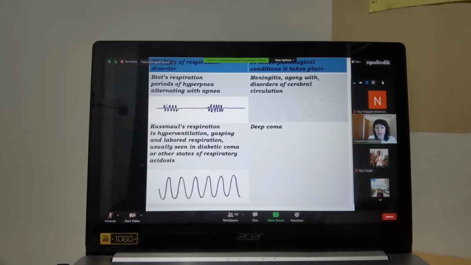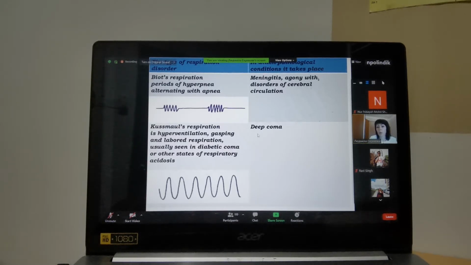The patient breathes with same-depth respirations, and after that we have a period of apnea. We don't see any breathing movements. This period is usually shorter in comparison with Cheyne-Stokes respiration, but after that, again a period of apnea, absence of breathing.